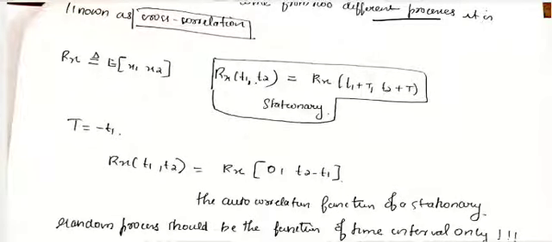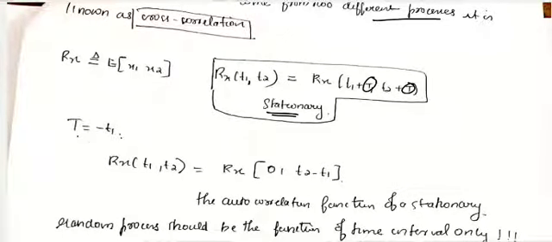Rx of t1 comma t2, at two time instances of the same process. We are considering autocorrelation now, so we are using the same process. So Rx of t1 comma t2 will be equal to Rx of t1 plus T comma t2 plus T, because it is a stationary process, so it will only depend upon the time interval. Here the time interval is capital T.